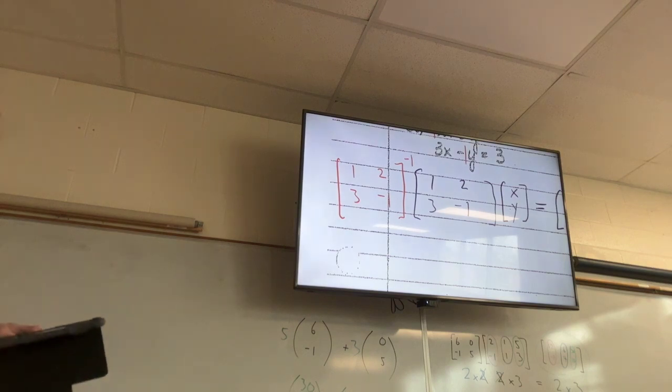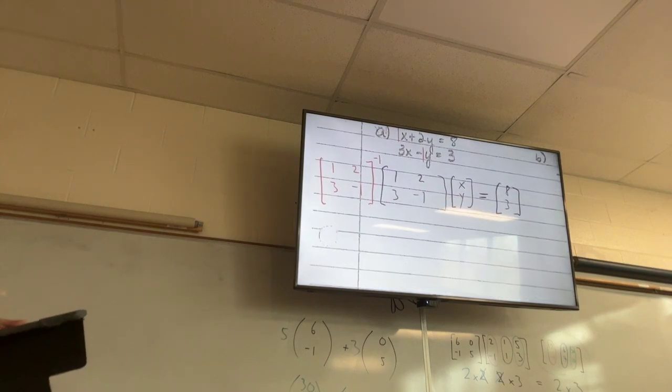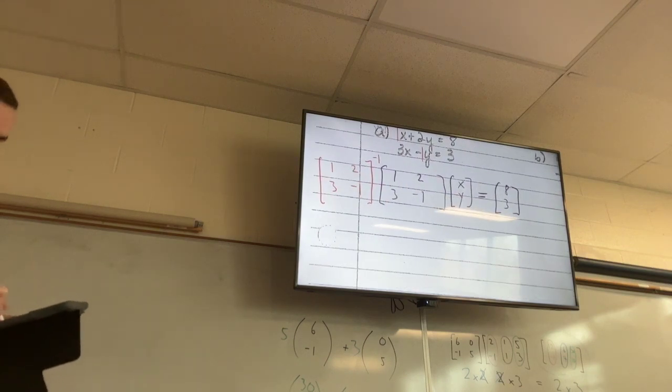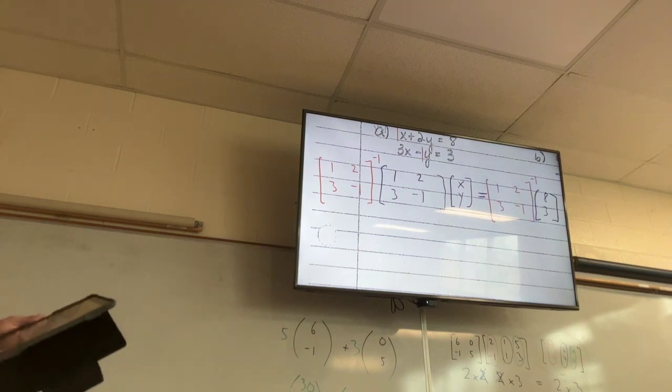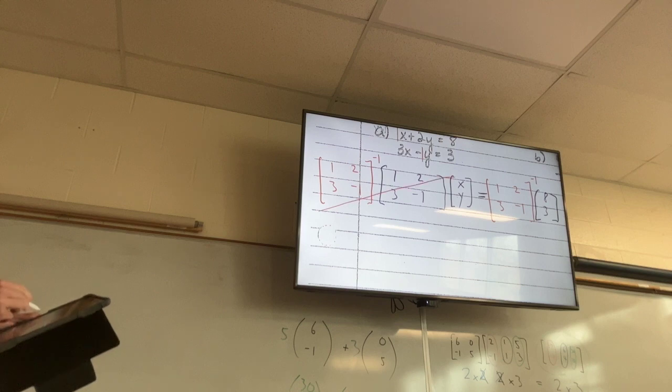When you multiply a matrix by its inverse, I'm going to do it on this side as well. I'm going to left multiply both sides of this equation by the inverse of that matrix. When you multiply a matrix by its inverse, it just cancels.